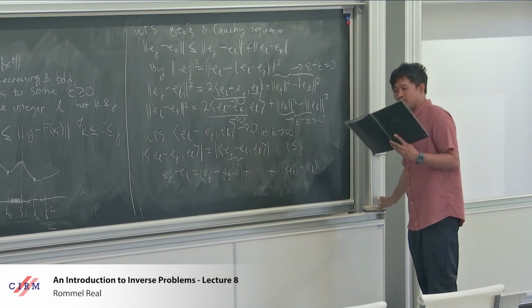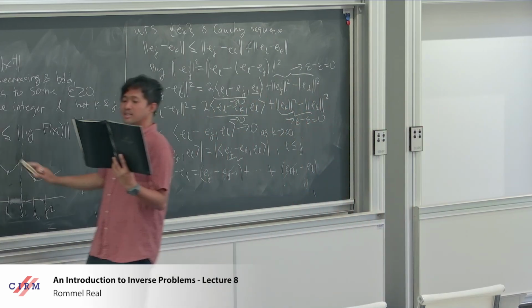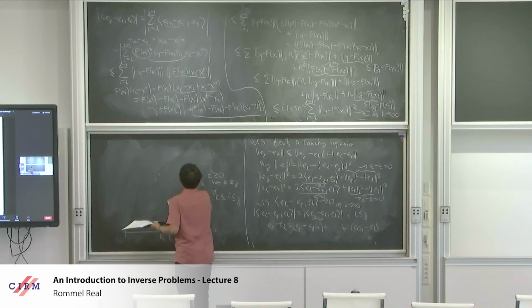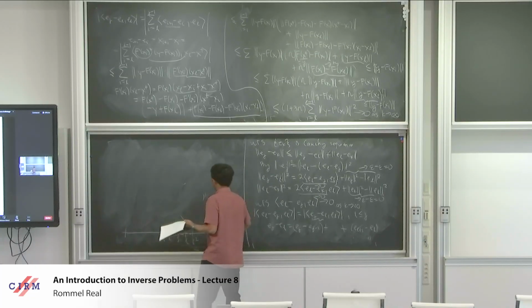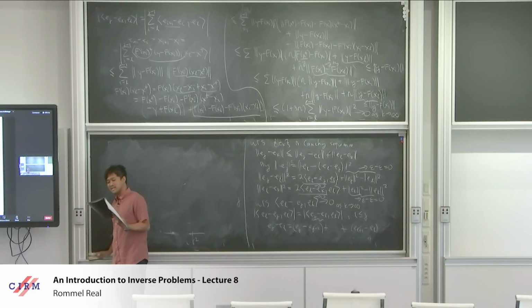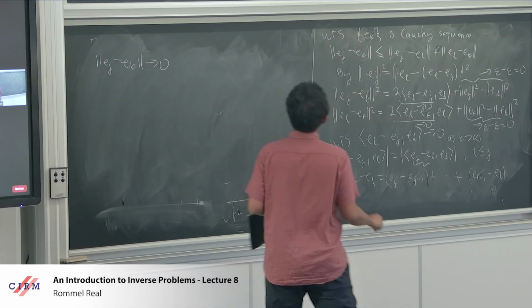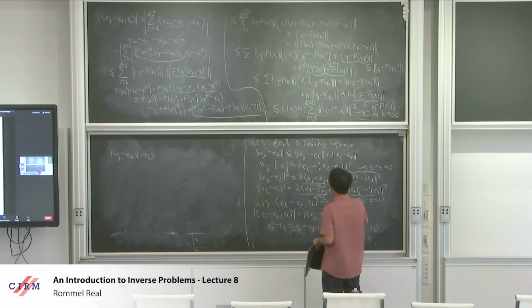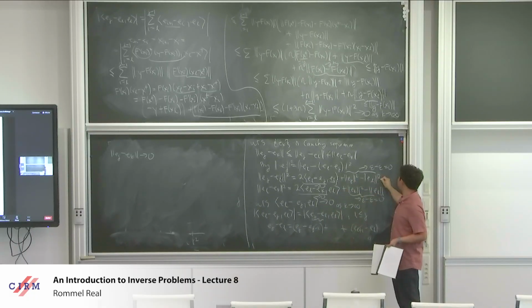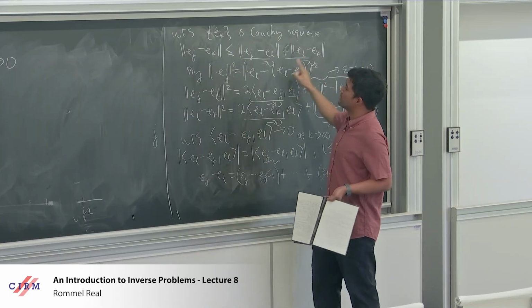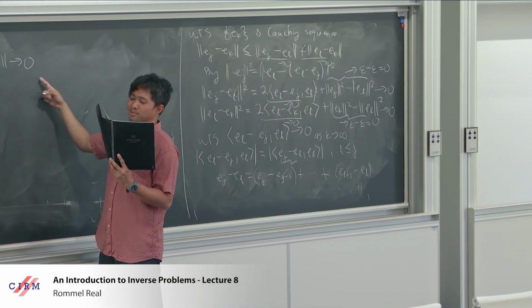So that means we are left with a nice result that E sub j minus E sub k goes to 0. That's from the fact that this goes to 0, so both these terms go to 0, so therefore this one goes to 0.